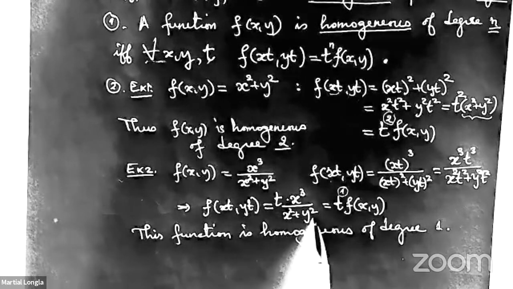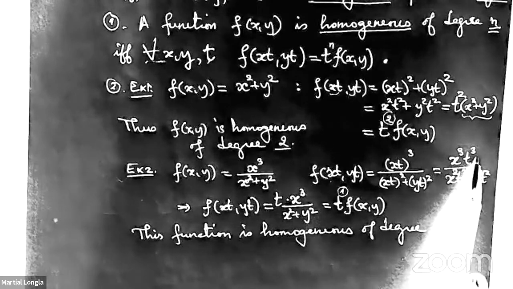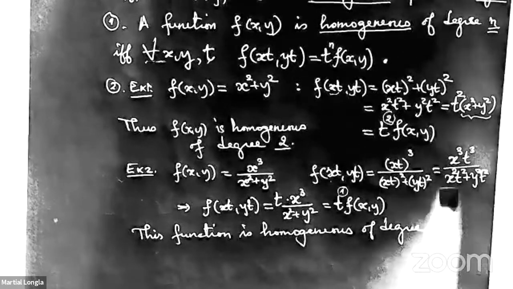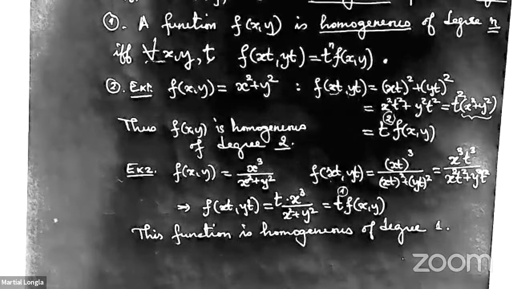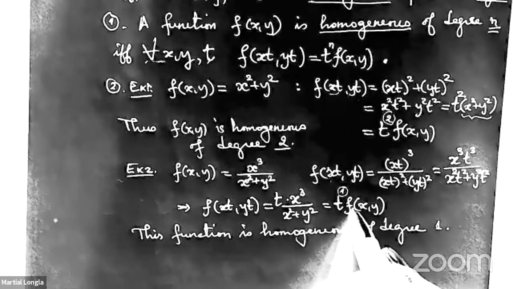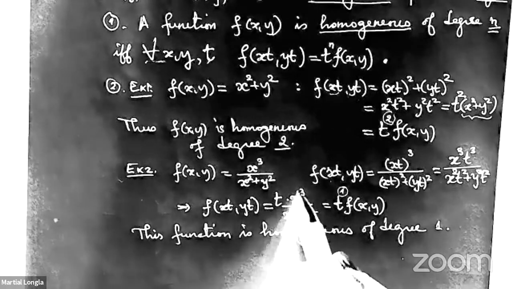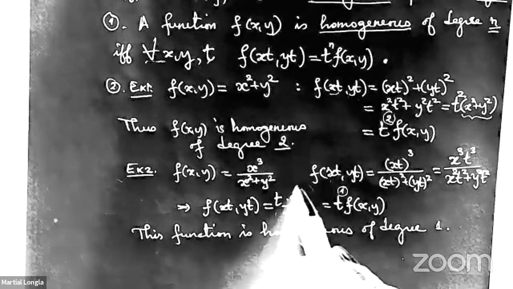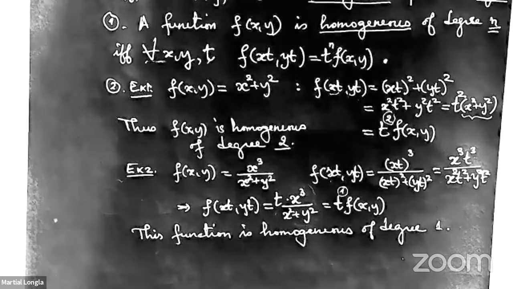Here? Yes. Okay, that's t cubed over t squared. It becomes t. And then equals t times f(x,y), because this is f(x,y).